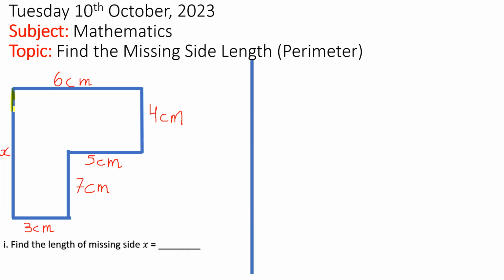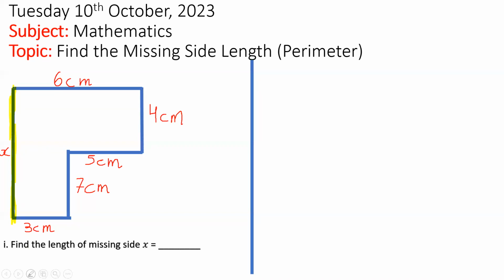This is the length of side X right now, all of this whole long thing. That's the length that we're trying to find. What do we know though? We know that from this point to this point, it's going to be what?